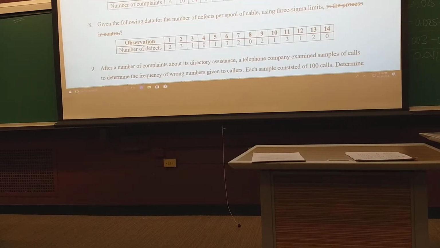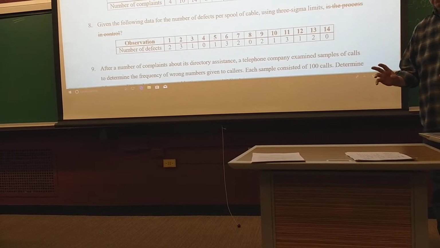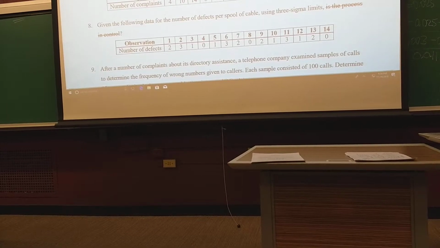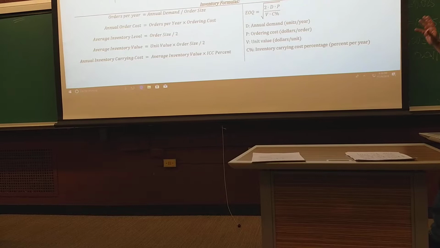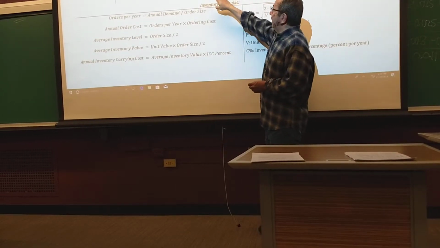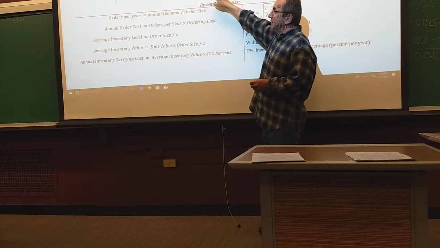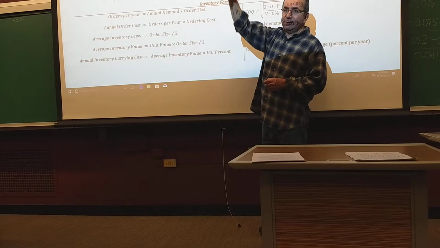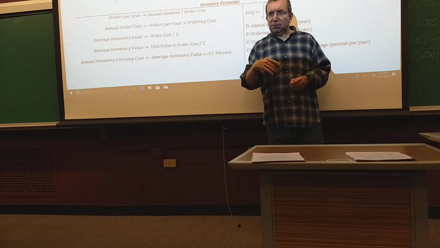So this is exactly like the upper question, question 5. Even if I don't know which one is upper and which is lower, I can look: this is plus, this is minus. Plus means upper, minus means lower control limit.